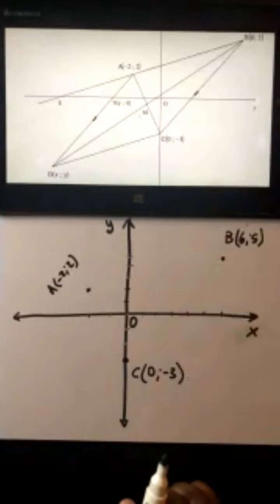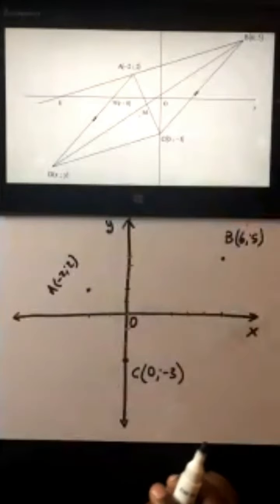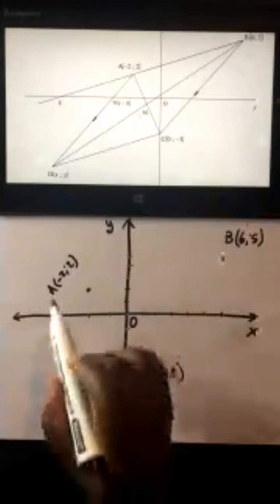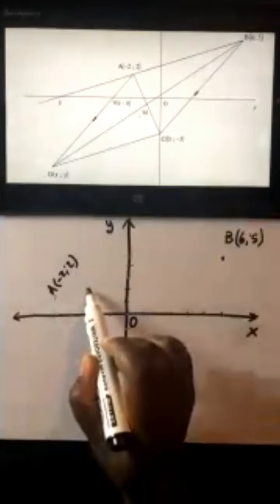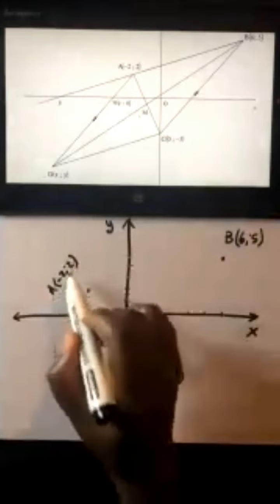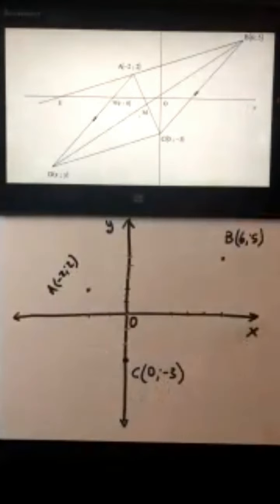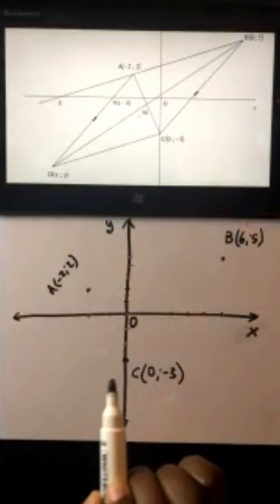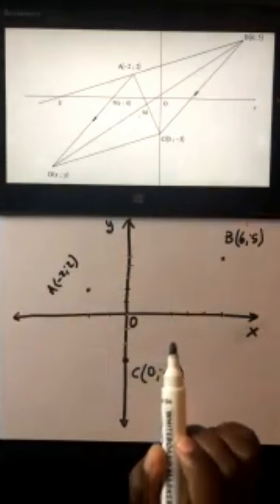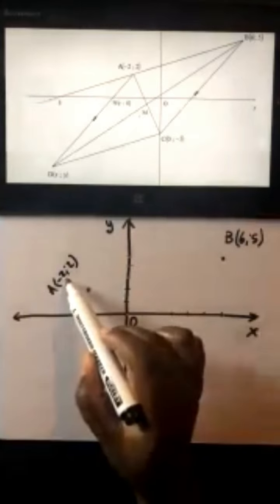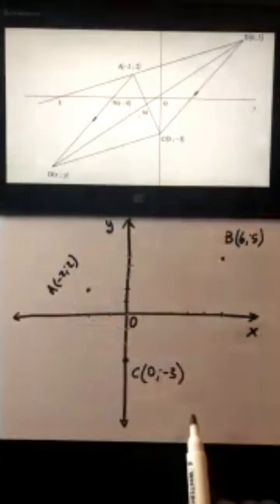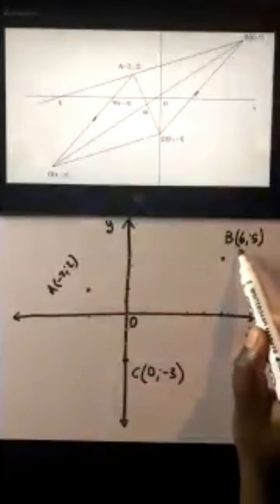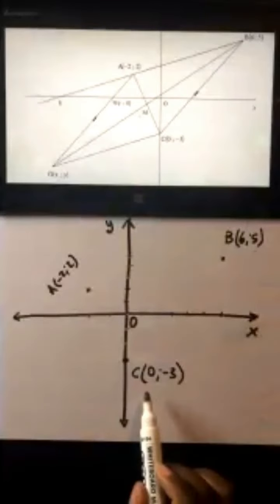Remember, guys, listen to me very carefully every time I make use of these words. We've got a point, right? So A is a point with these coordinates. So when we talk of the coordinates, every time the question mentions the word coordinates, it refers to the X and the Y value. Okay, so A is a point and these are the coordinates. B is a point, these are the coordinates.